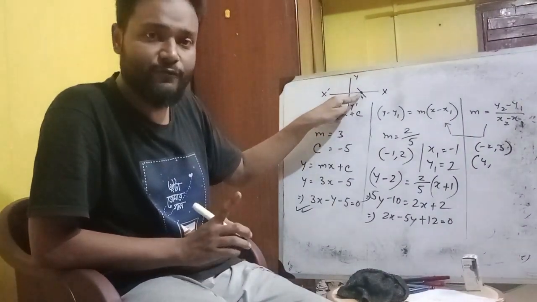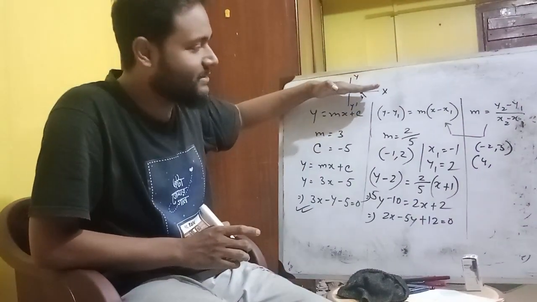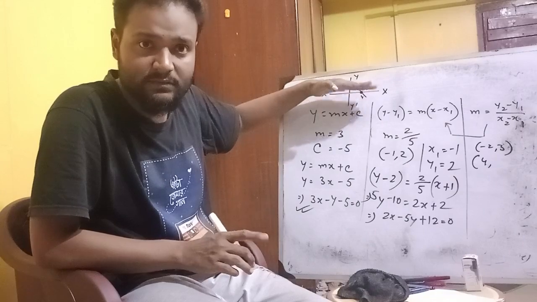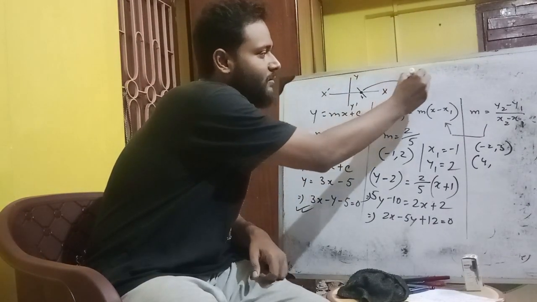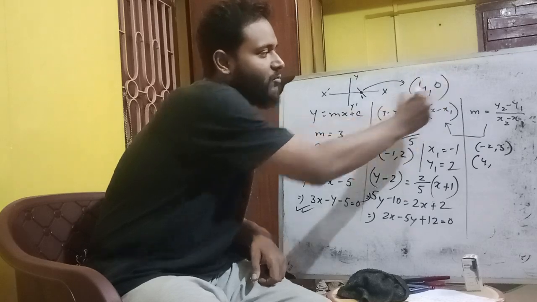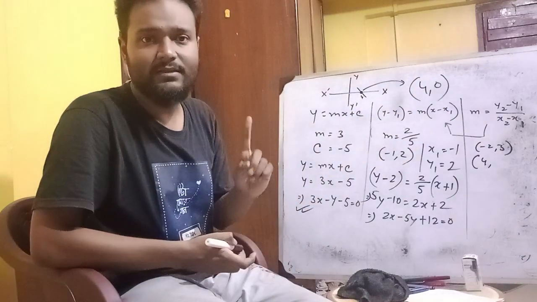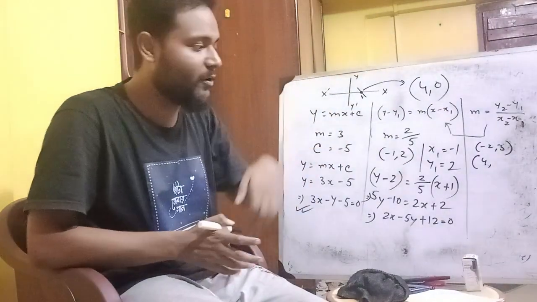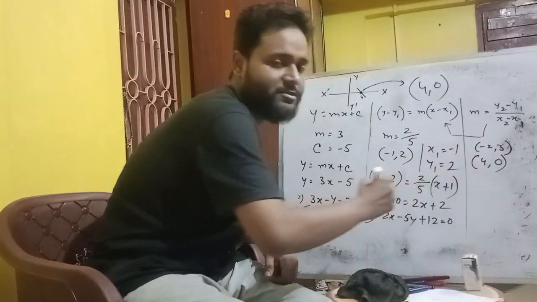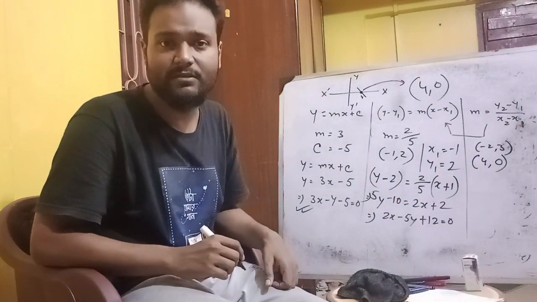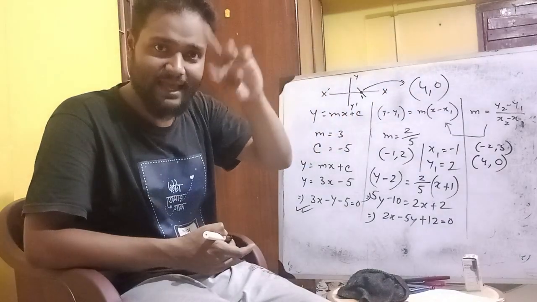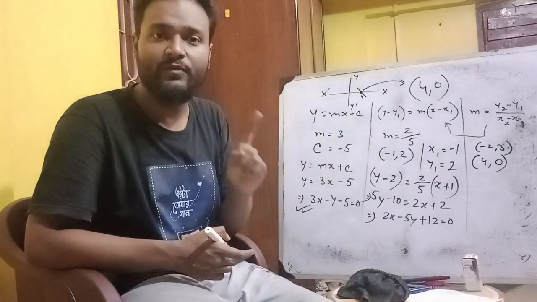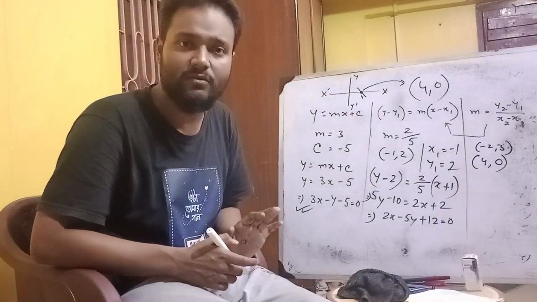If x equal to 4, on the x-axis the value of y always will be 0. So this is the point that will give the coordinate 4, 0. So the second point will be 4, 0, but it was not given directly in the question paper. So the first point is given directly, -2, 3, and the second point is 4, 0.